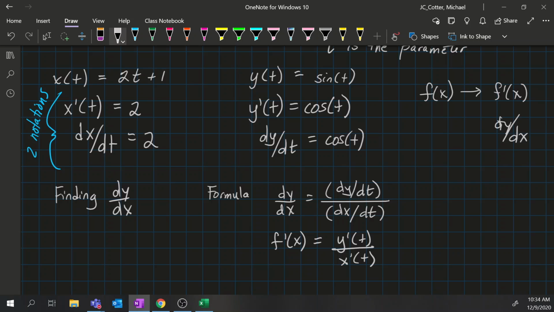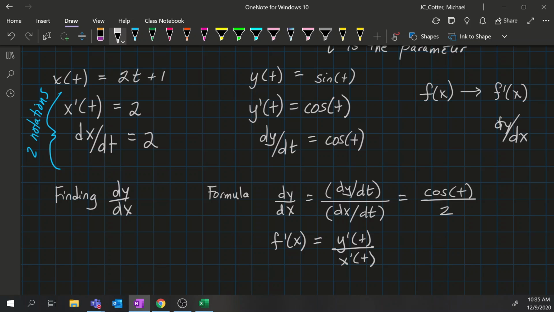The reason that I don't think it's helpful is because f doesn't mean anything, right? F is just some function that we name abstractly, so you can't see the variables as easily. Whereas with dy dx, you know that it's the derivative of y with respect to x, and that's equal to dy dt over dx dt. So if I wanted to calculate that, in this case, it would be cosine t over 2.